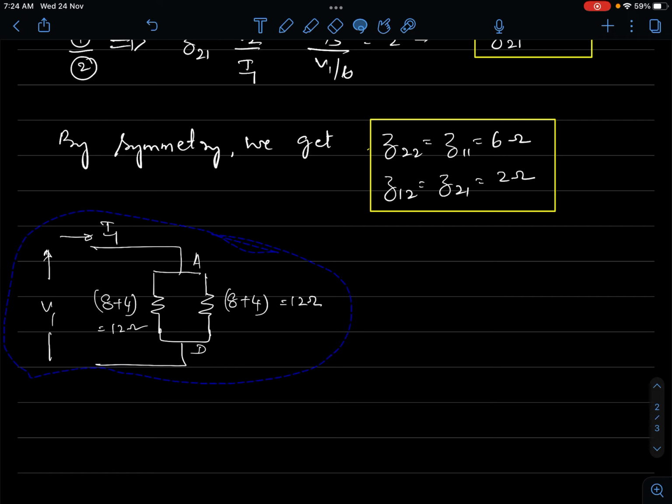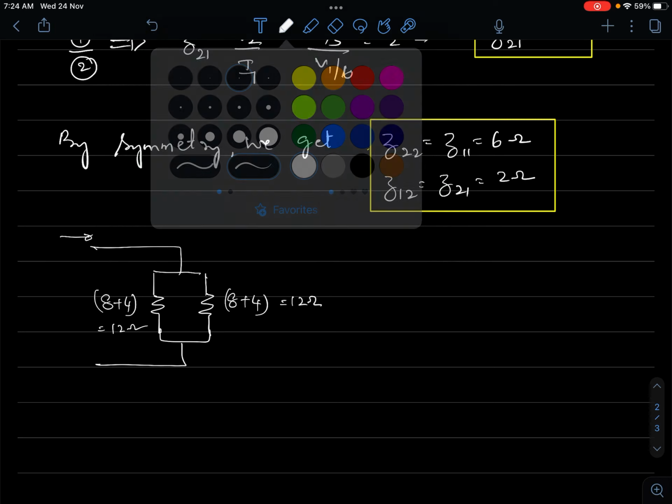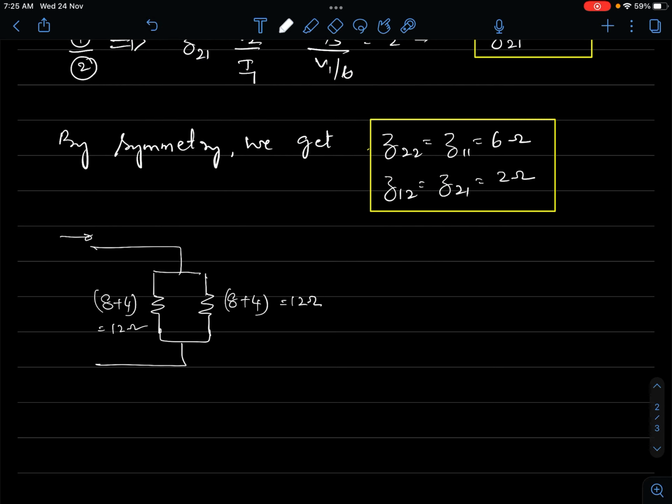Now this won't be A. Now this is my B. This is my C. And now this would be my I2. This would be my V2. That's all. I suppose you are able to understand. It is the same thing.